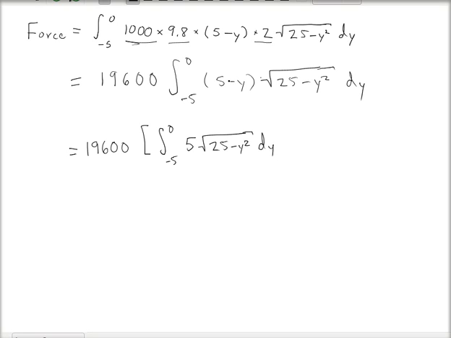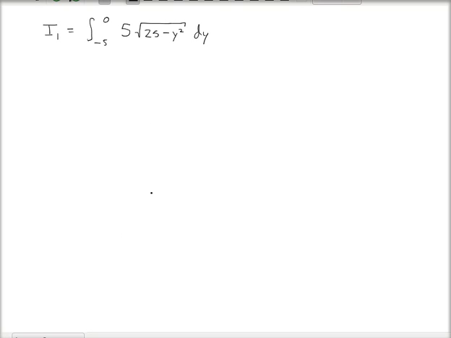And for my second integral, I'm going to take the -y, so I'm going to subtract the integral from -5 to 0 of y times the square root 25 minus y squared dy. So those are my 2 integrals. I'm going to call this one I1 and this one I2. First let's take a look at I1.